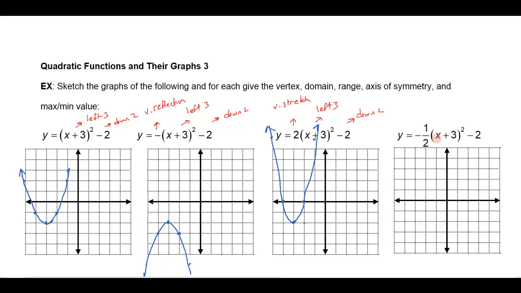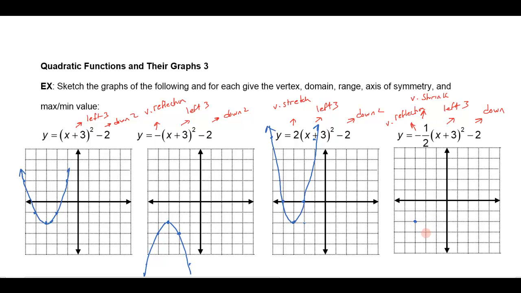Alright, how about if I had y equals negative 1/2 times (x plus 3) squared minus 2? Well, again, I'm going to go down 2. This is going to make it go to the left 3. The 1/2 is going to be a vertical shrink. And the negative is going to make it a vertical reflection, so it's going to be opening downwards. Alright, so let's put all that together. I'd go to the left 3 and down 2. And then the negative tells me that instead of going over 1, up 1, I'm going to go over 1, down 1.